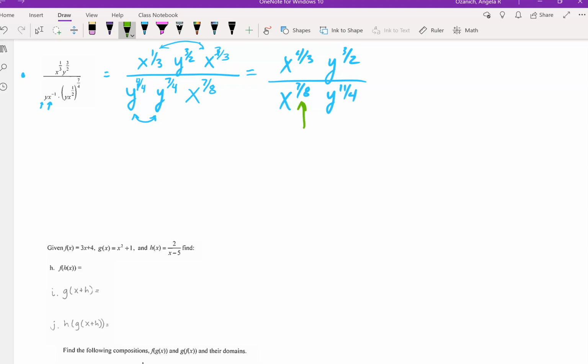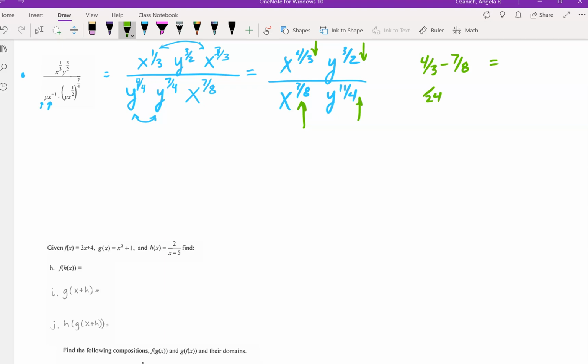Now here's where things get crazy, because I really need to subtract. I need to subtract my exponents here going down with my x's, my like bases. So the two problems I really need to figure out are 4/3 minus 7/8, and please don't forget you have to have a common denominator for that. If you need to pause on your own, get your common denominator of 24 here, right?